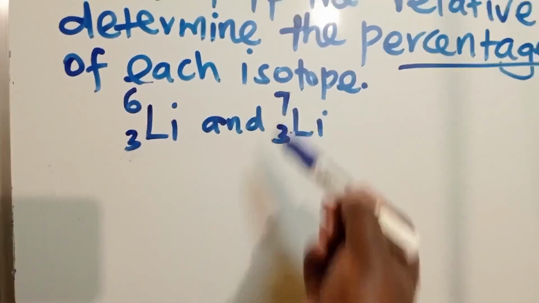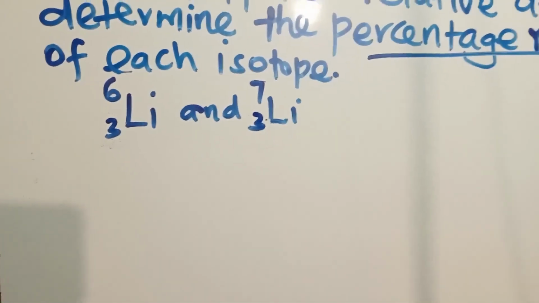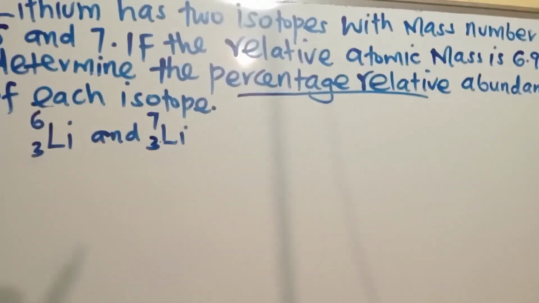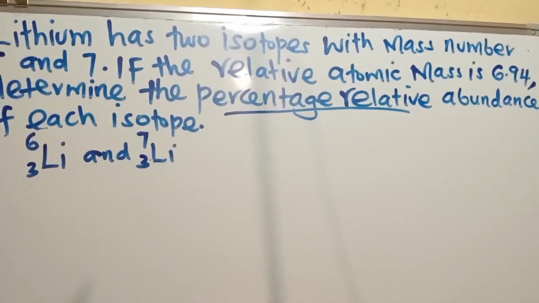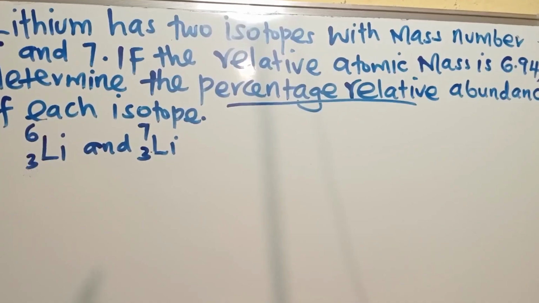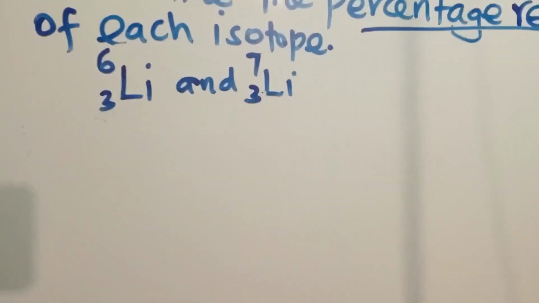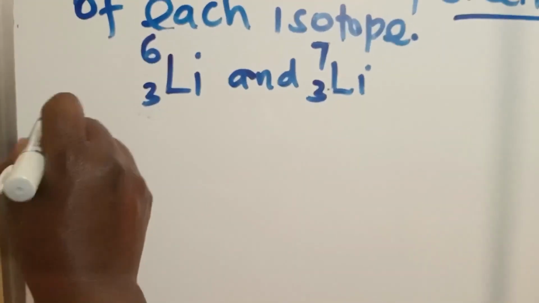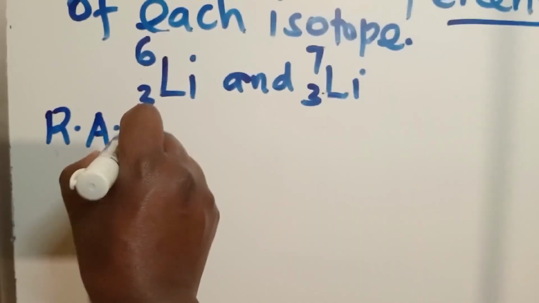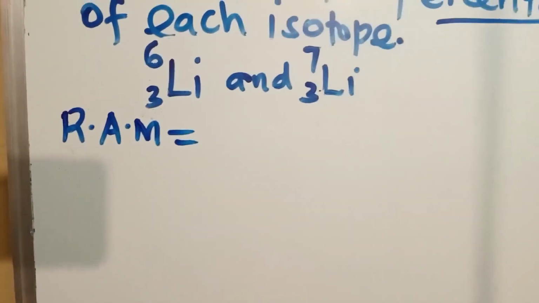Then the mass numbers at the top. From the question, we can see that whatever we are being asked to calculate is the percentage relative abundance. So we begin by writing the formula that is used while we are calculating the relative atomic mass.